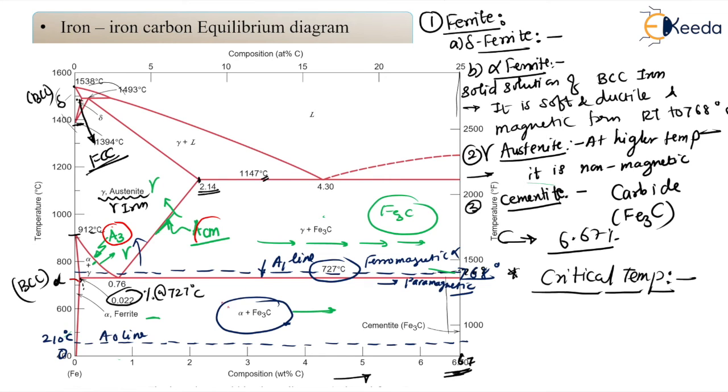When you draw this diagram once again very neatly only for the eutectoid reaction, there will be the eutectoid point here at 0.8%.